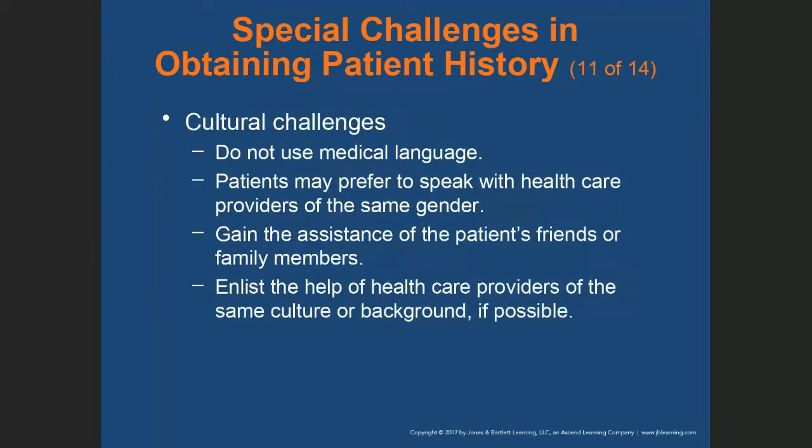Cultural challenges. Do not use medical language. Patients may prefer to speak with a healthcare provider of the same gender. Might not be possible in all cases. Gain the assistance of the patient's friends or family members. Enlist help from healthcare providers of the same culture or background if possible.